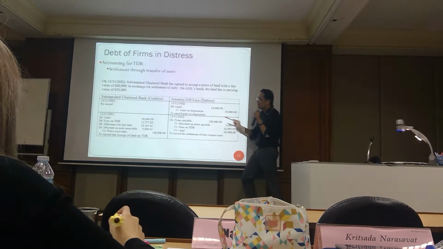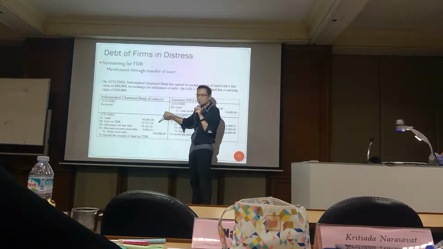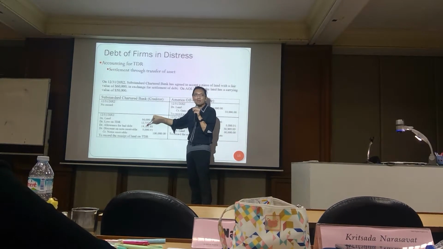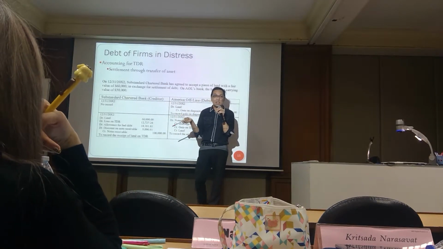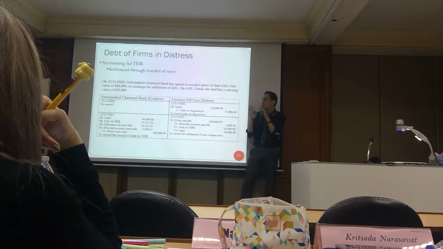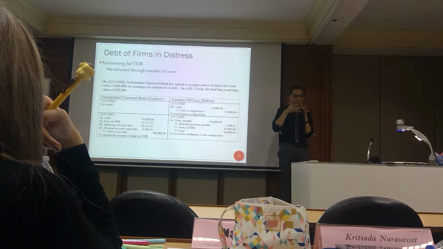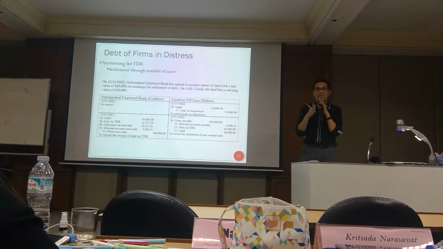Right? But this loss happened in period 2. But what happened to this amount? This amount happened in period 1 already for 18, which is 16 and 1. This means what? It looks like you just recognize the loss on TDR bit by bit.